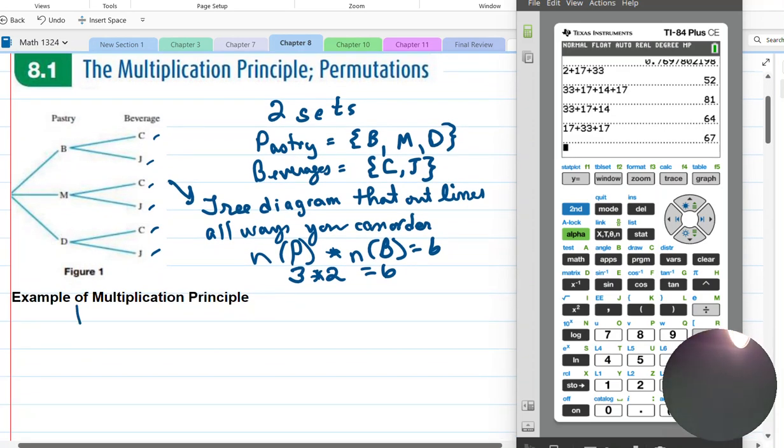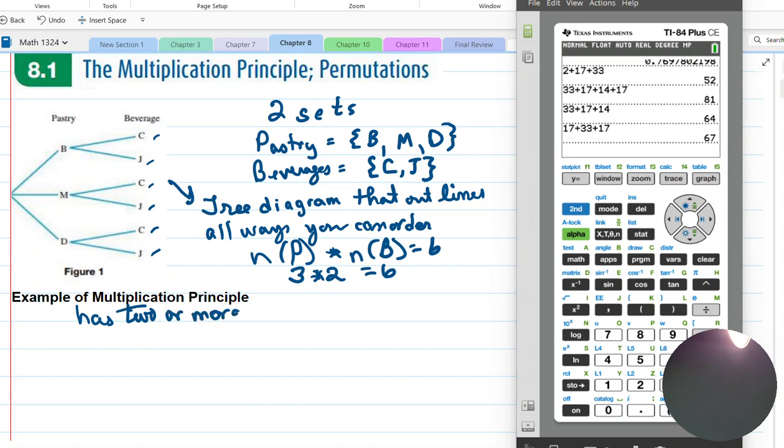The multiplication principle has 2 or more mutually exclusive sets, in other words, they don't share anything, elements that can be paired.